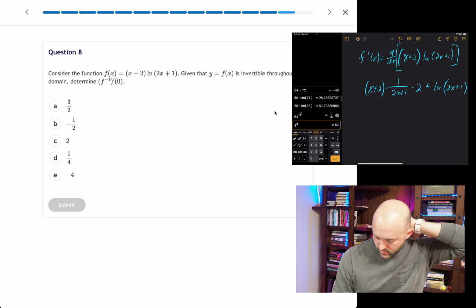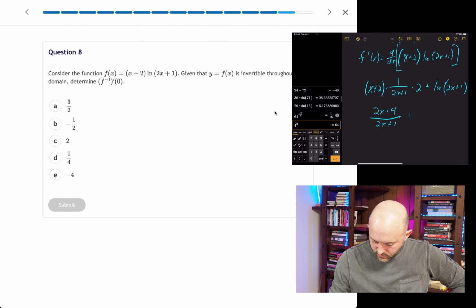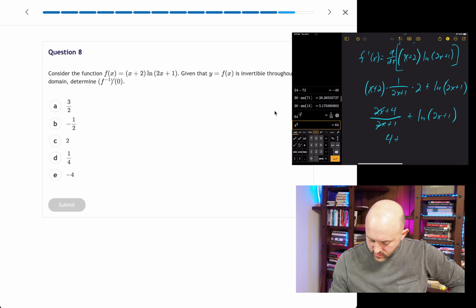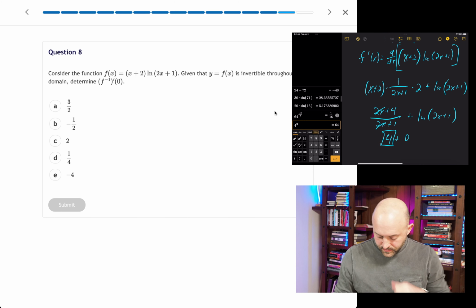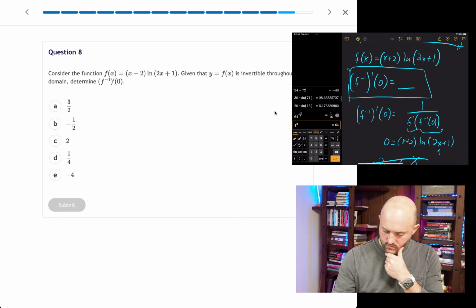So what do we get here? (2x plus 4) over (2x plus 1) plus the natural log of 2x plus 1, with x equaling 0. That goes away, that goes away. We get 4 plus 0 here, natural log 1 is 0. So we get 4. So 4 goes back up to here.